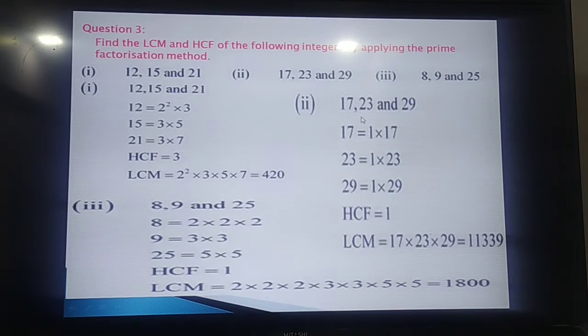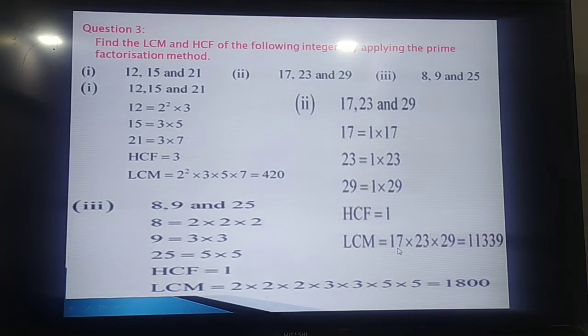Next problem, second problem: 17, 23 and 29. These are prime numbers. So they have only one common factor, that is 1. So the HCF of any prime numbers, whatever they may be, 2, 3, 5, is always 1. And LCM is the product of these 3 numbers.